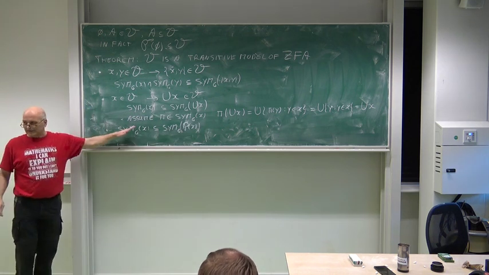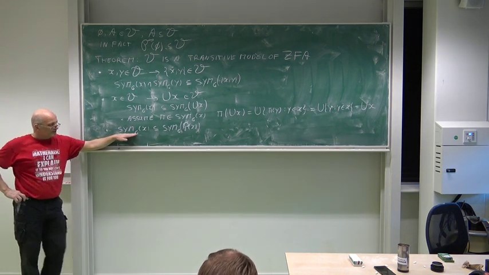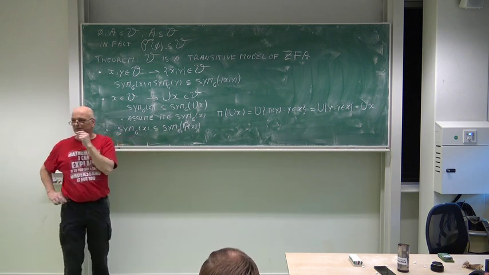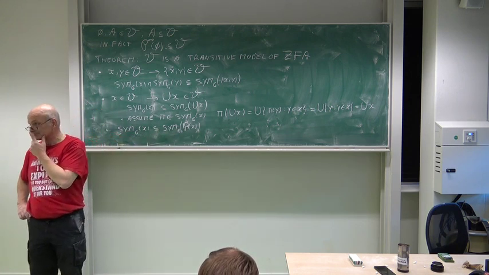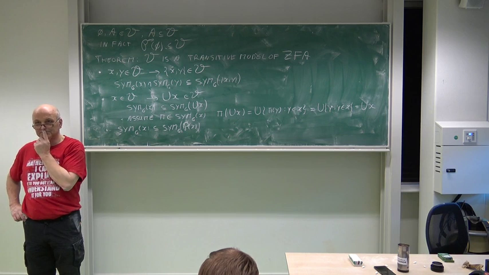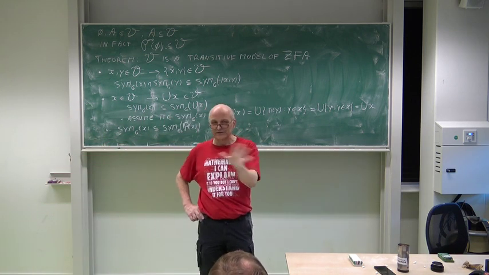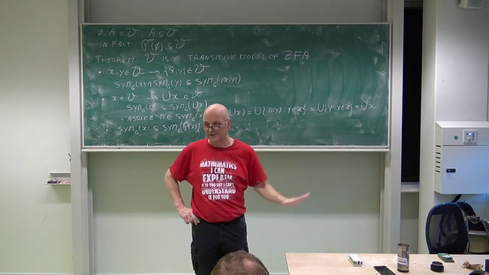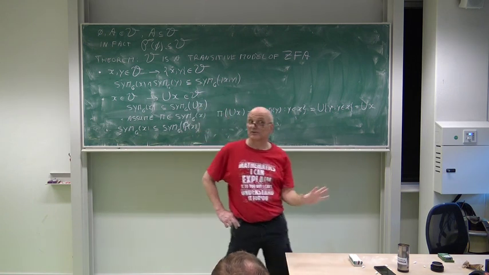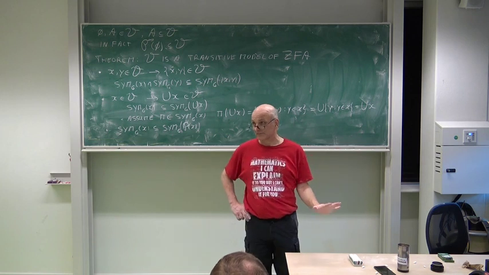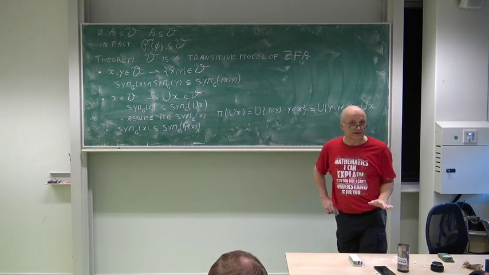I'll leave that for you to figure out, that if you take the symmetry group of X, then it's a subgroup of the symmetry group of the power set of X. And again, all you need to know is that all the members of X are being pushed around, and also all the subsets are being pushed around. And that's roughly it.